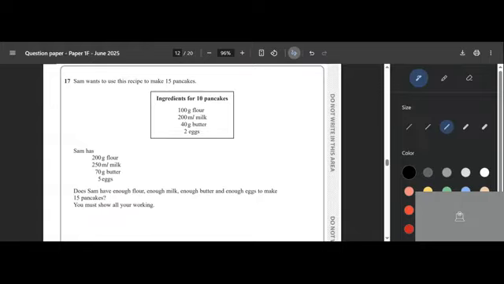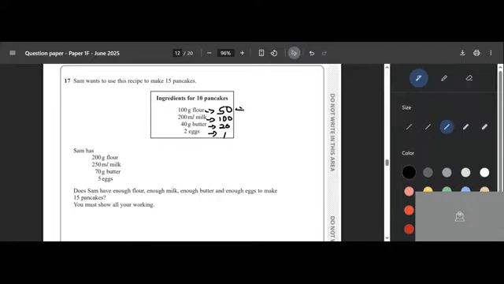Then you're told that someone wants to use this recipe to make 15 pancakes, but you can see that this recipe can only make 10. So to make another 5, it means we have to take a half of everything here. So for the flour, we have to add another half of it, which is 50 grams. Here, half of it is 100 grams, and half of this is 20, and half of this is 1.